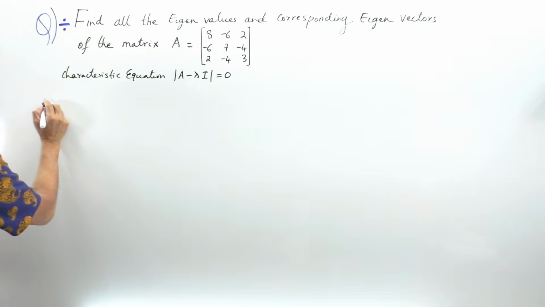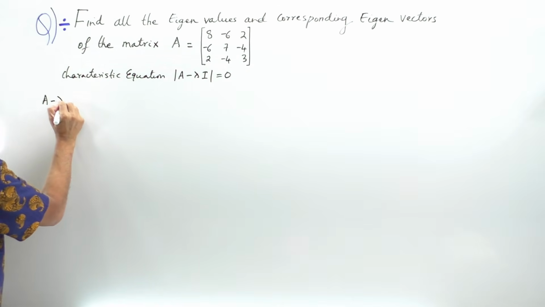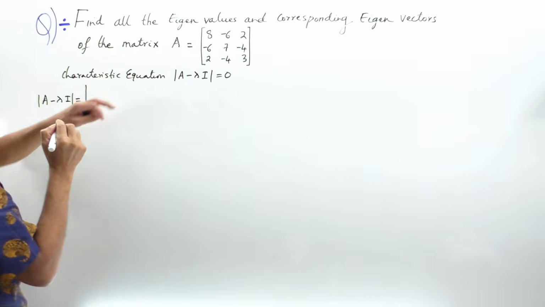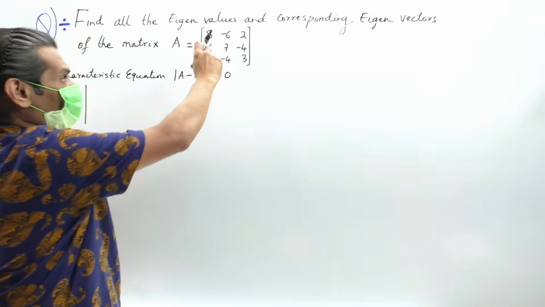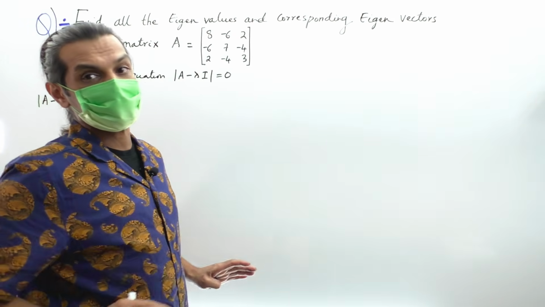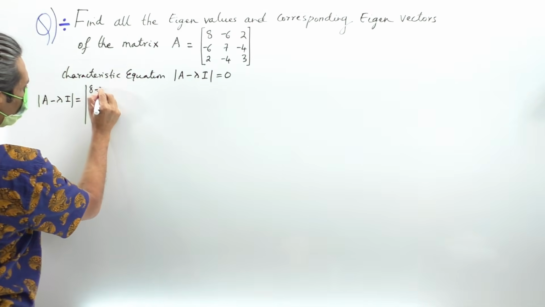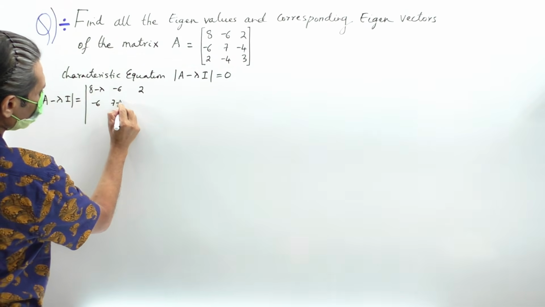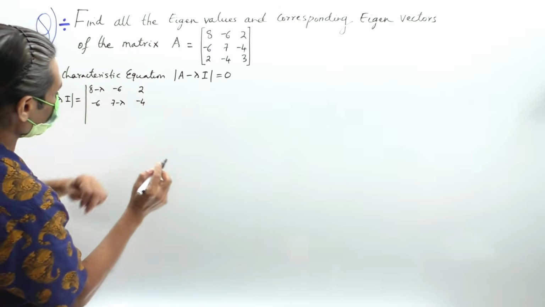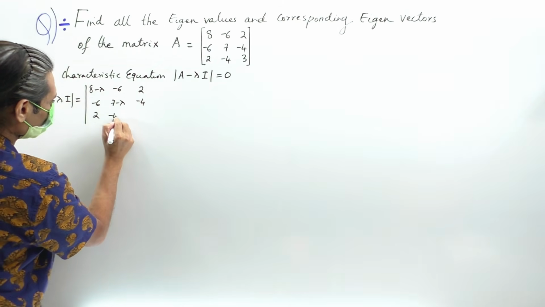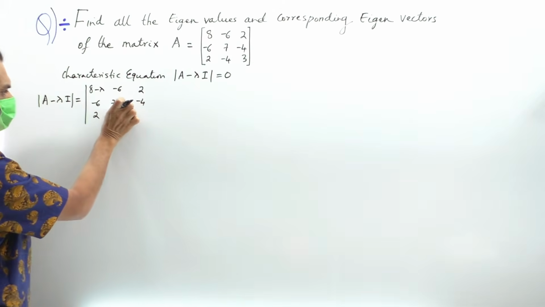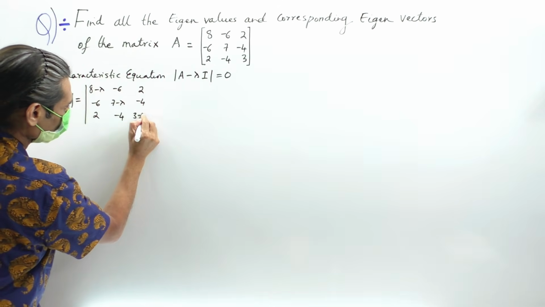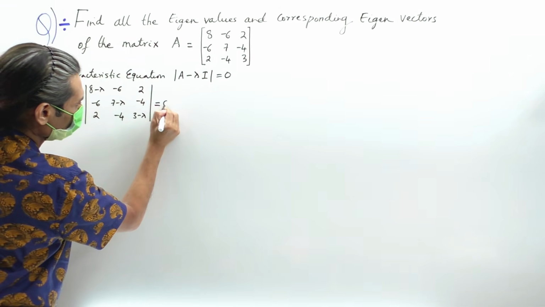So we can write the determinant of A minus lambda I as the determinant of: 8 minus lambda, minus 6, 2; minus 6, 7 minus lambda, minus 4; and last row 2, minus 4, and along the principal diagonal 3 minus lambda, equals 0.